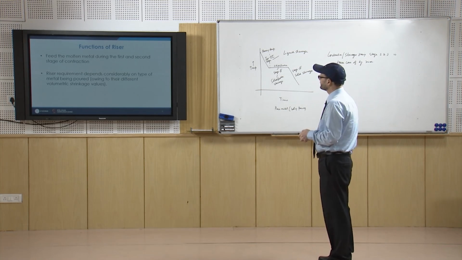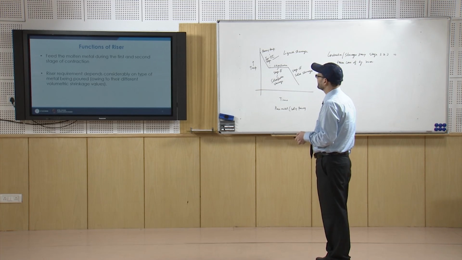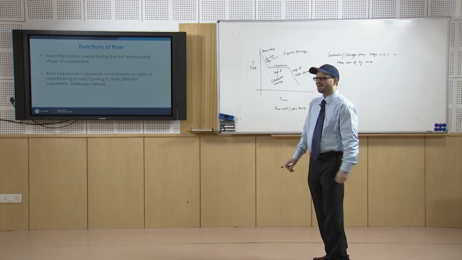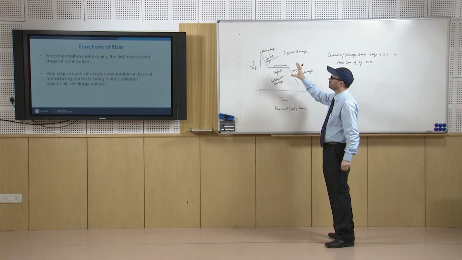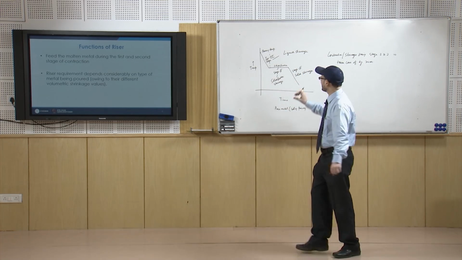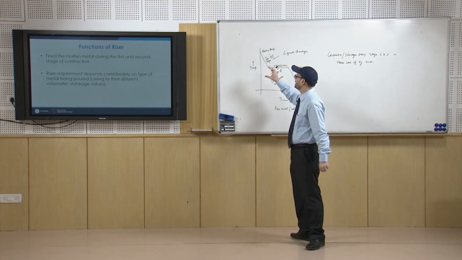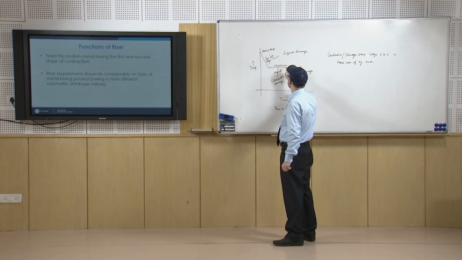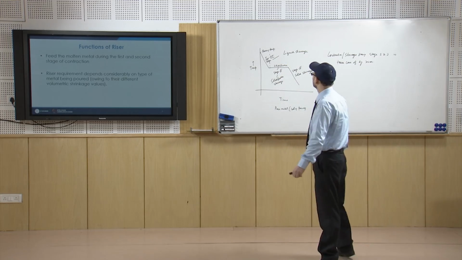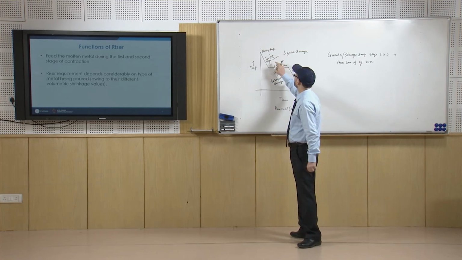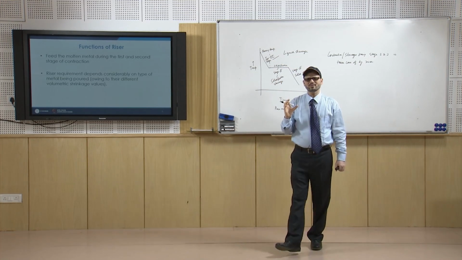Riser requirement depends considerably on the type of metal being poured. Now, we had seen that you have two types. For medium carbon steel, that was 1.6 and somewhere close to 3% of the contraction during these two stages.